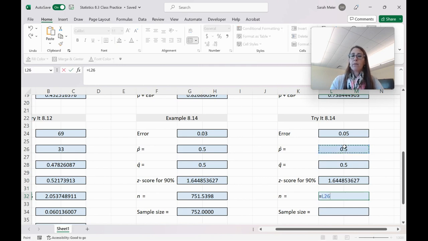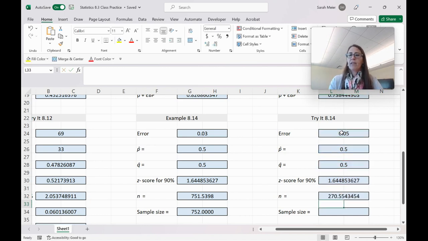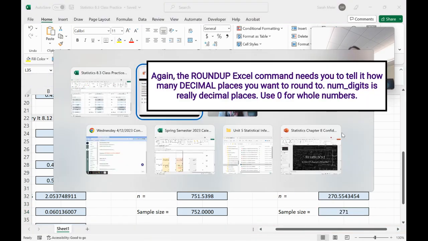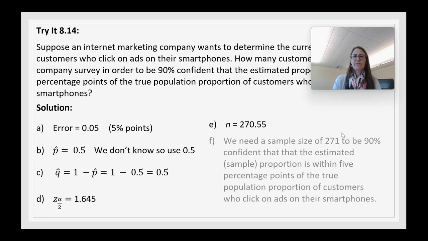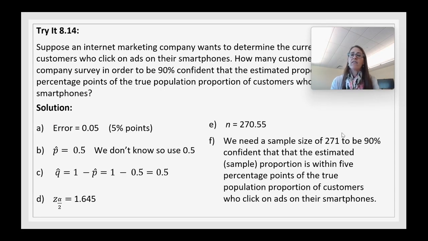Again, this is going to be p hat times q hat times, in parentheses, our z-score divided by our error, squared. So round up, it's going to be 271. We need a sample size of 271 to be 90% confident that the estimated sample proportion is within 5 percentage points of the true population proportion of customers who click on ads on their smartphones.